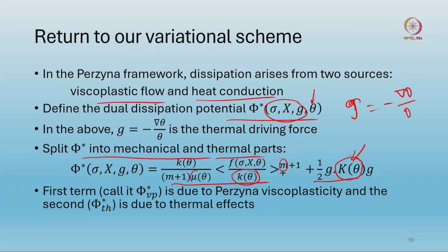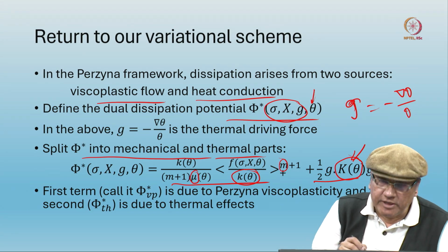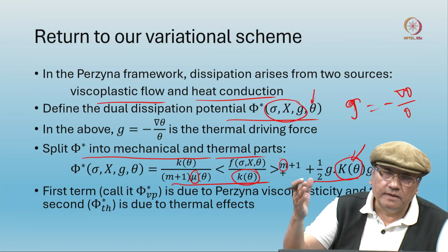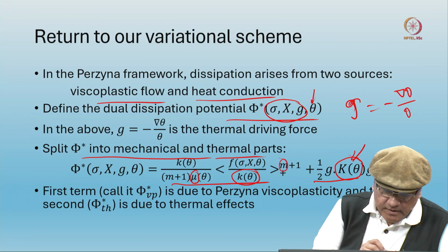Mu here is basically the viscosity in the viscoplastic flow. Earlier we used eta for viscosity in first introducing the Perzyna model, but later on I realized that eta we are using also for entropy. So I should not mix things like that. Therefore, I changed it to mu. Please do not get confused, mu is basically the viscosity coefficient.